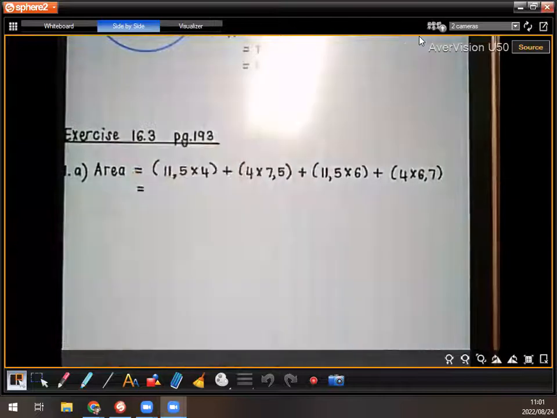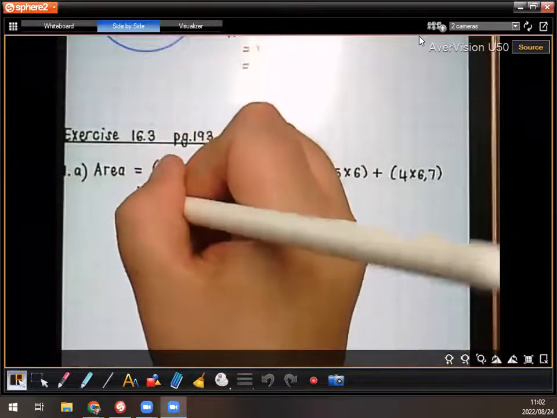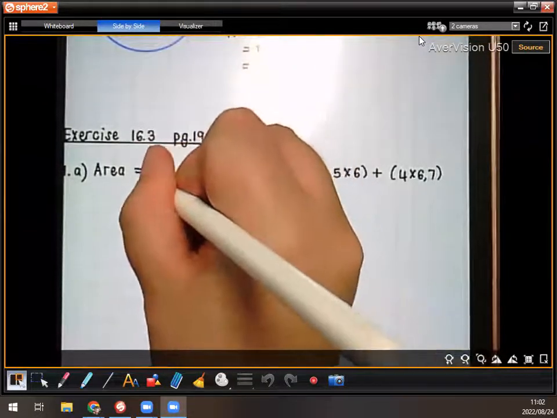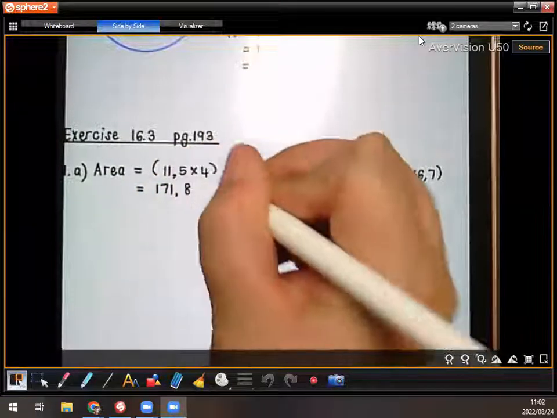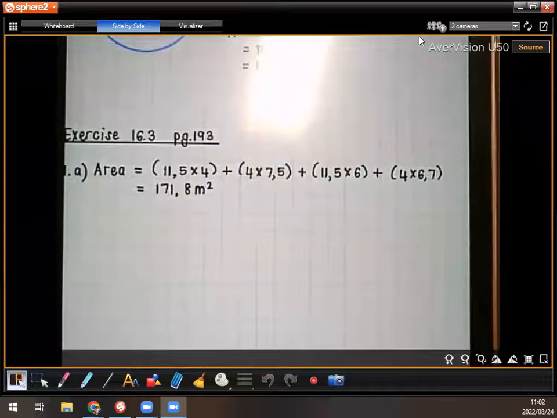Now, all you have to do is in one calculation using your brackets, you're going to type this whole thing in. I'm just going to do it quickly and see what I get. Set to one decimal place. 171.8.